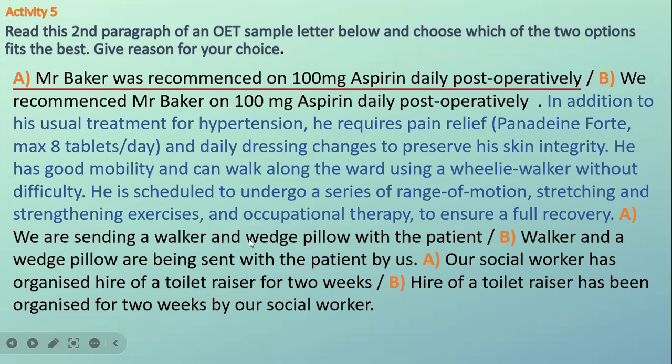A, we are sending Walker and Veg Pillow, or B, Walker and Veg Pillow are being sent. I'm waiting for a minute because I want you to read the blue part also. This is a complete OET letter. I have taken the sample from their website.